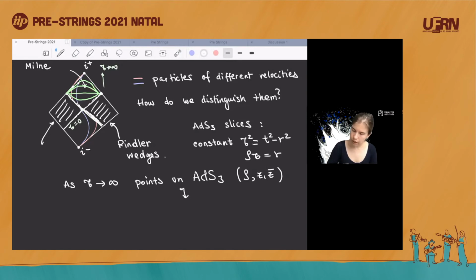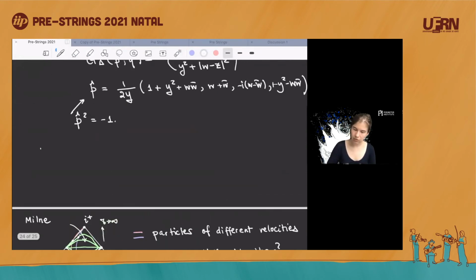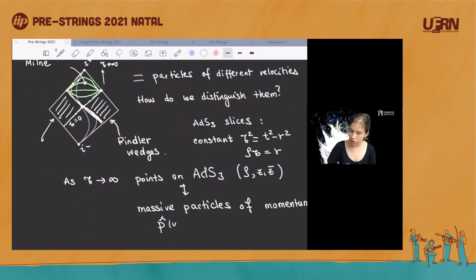So these points are in one-to-one correspondence with massive particles of momentum p hat.